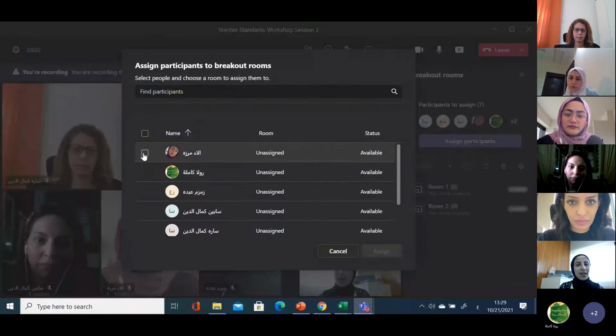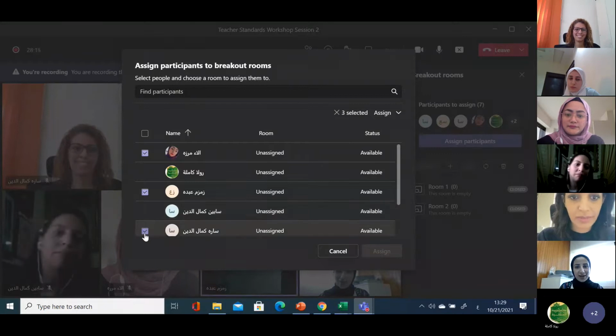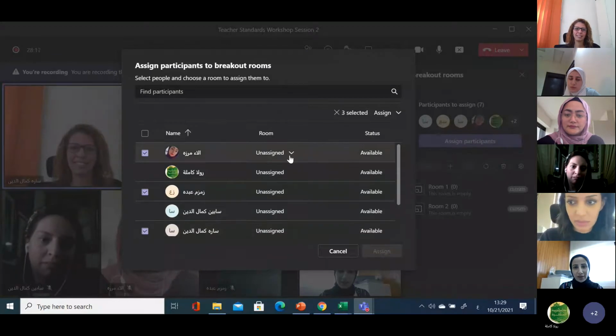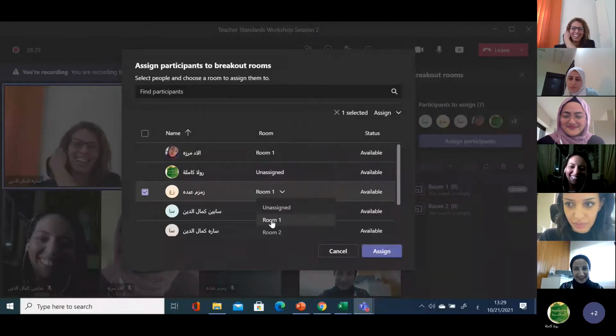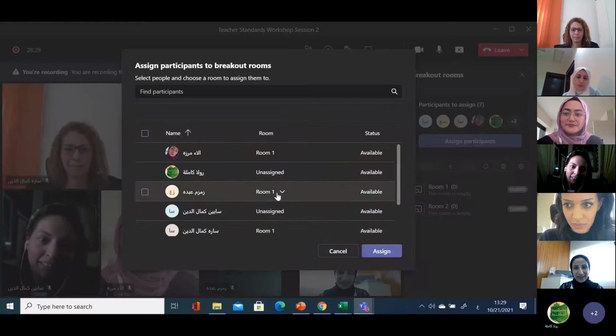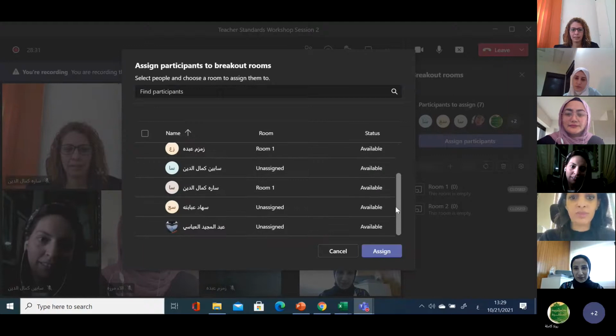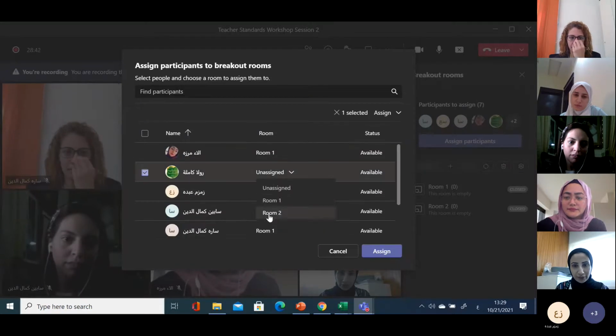Again, Ala, Zamzam, and Sarah. Suhad will be in room number 2. Sabine will be in room number 2. And Miss Rula also is going to be in room number 2.